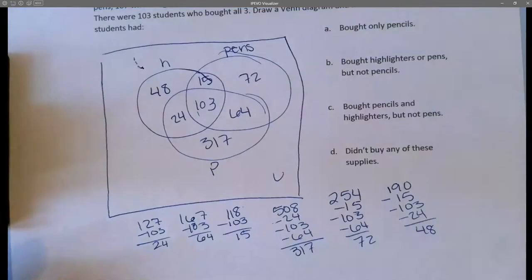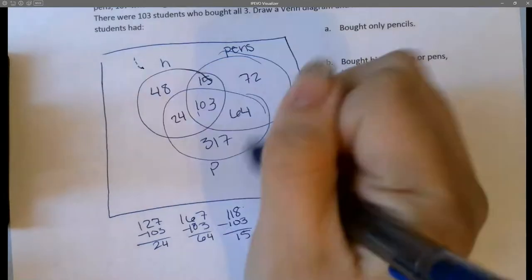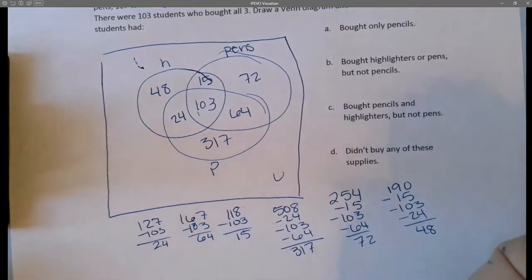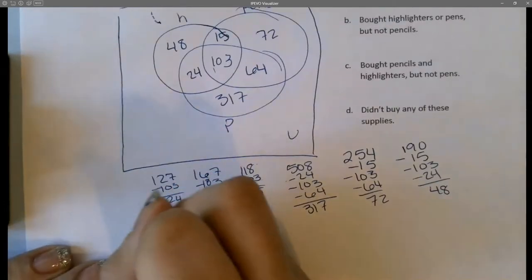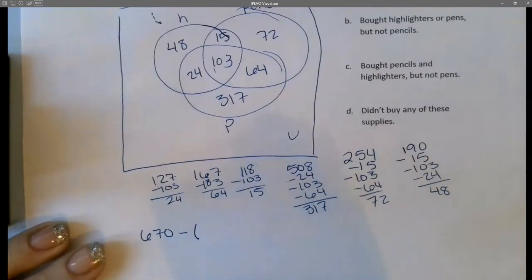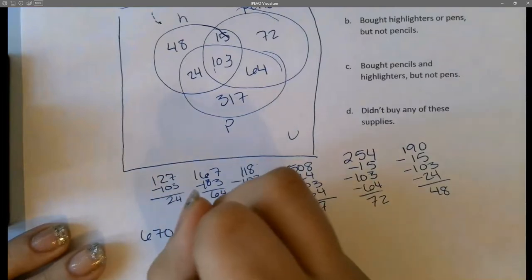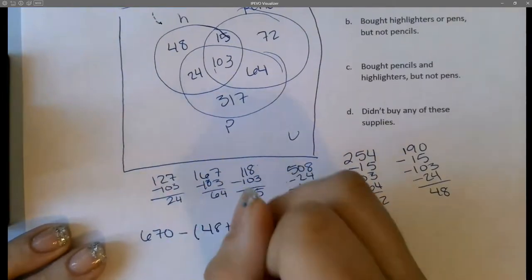I'm almost done. The final piece is I have to figure out how many people didn't buy any of these 3 school supplies for school. To do that, I want to add up all of the numbers inside the circle and then subtract that from 670. So I'm going to move this down a bit. So I'm going to have 670, and then I'm going to write this like 48 plus 15 plus 72.